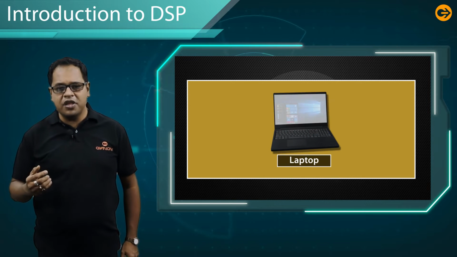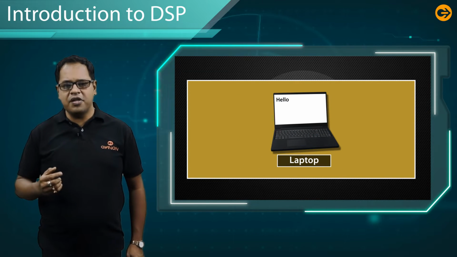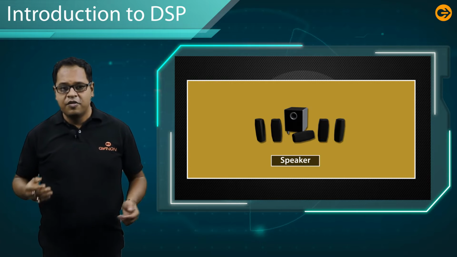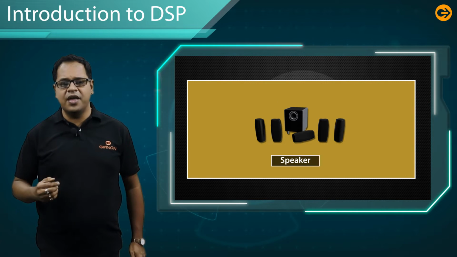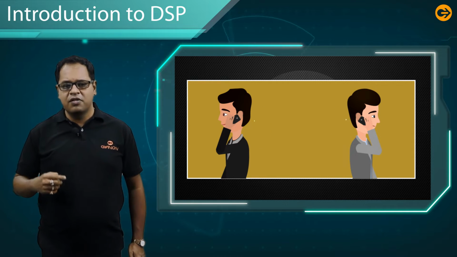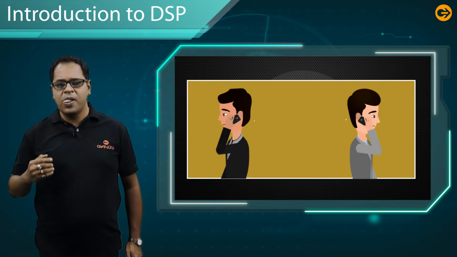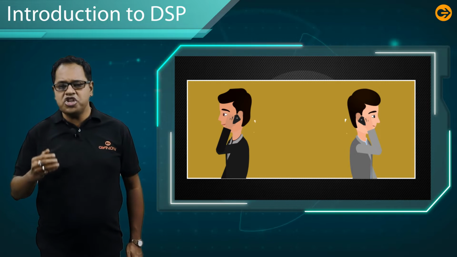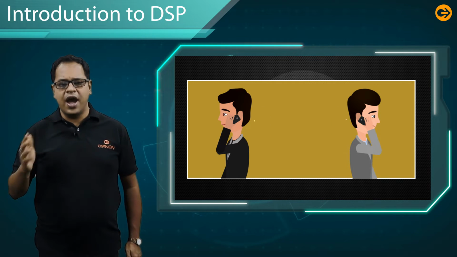A computer takes input through the keyboard, processes it, and displays. Speaker sound can be processed by this DSP. Signals may be compressed so that they can be transmitted quickly and more efficiently from one place to another.